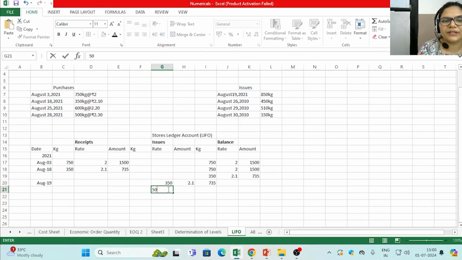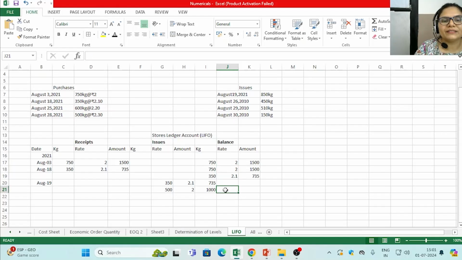So 500 into 2 makes 1000 rupees. So on August 19 we are done with the total issue of 850 kg: 350 from the last purchases at the rate of rupees 2.1, and 500 from the previous purchases at the rate of rupees 2.